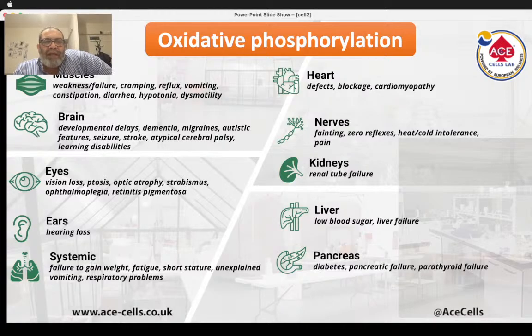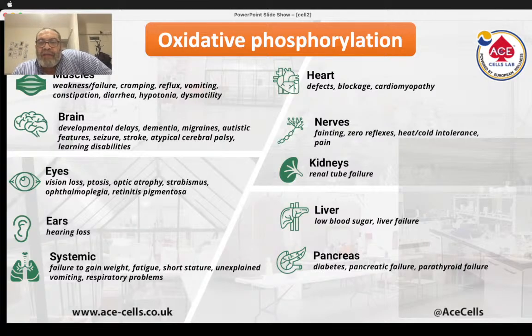On the level of the brain, dysfunction of the oxidative phosphorylation will lead to developmental delays, dementia, migraine, autistic features, seizures, stroke, atypical cerebral palsy, and learning disabilities. On the level of the eye, we can have vision loss, ptosis, optic atrophy, strabismus, ophthalmoplegia, retinitis pigmentosa. On the level of the ear, we can have hearing loss.